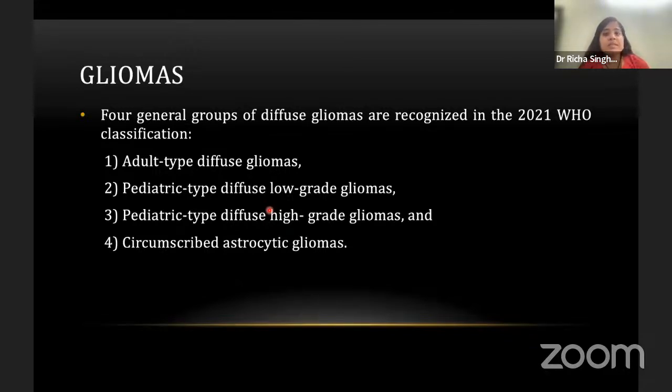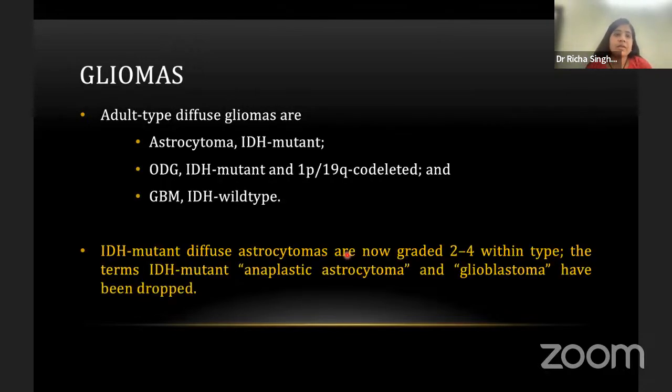So there are 4 major subgroups of diffuse gliomas in the brain: adult type diffuse gliomas, pediatric type diffuse low grade gliomas, pediatric type diffuse high grade gliomas, and then a 4th group, the circumscribed astrocytic gliomas, which in the 2016 classification were classified as other astrocytic tumors or other gliomas.